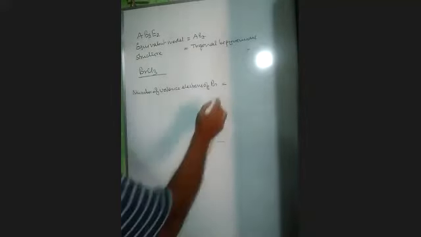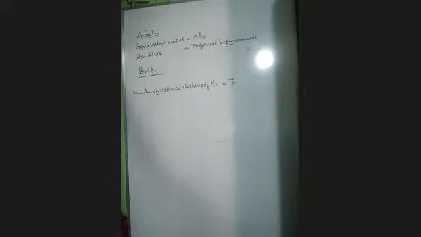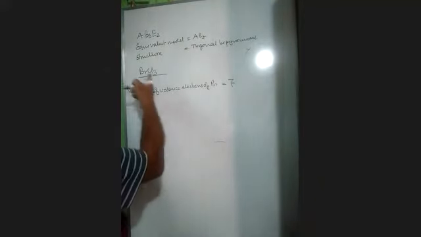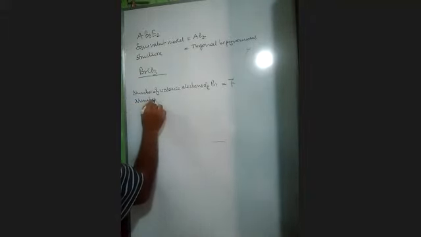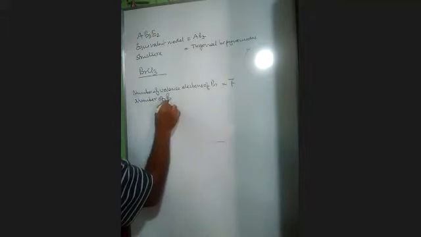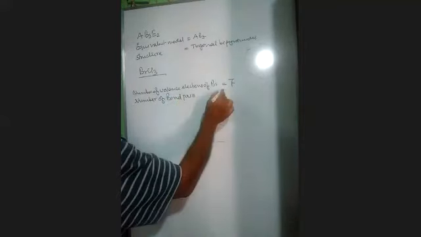Very good. How many bonds has it formed? Bromine is connected to how many atoms? 3. Number of bond pairs is 3.